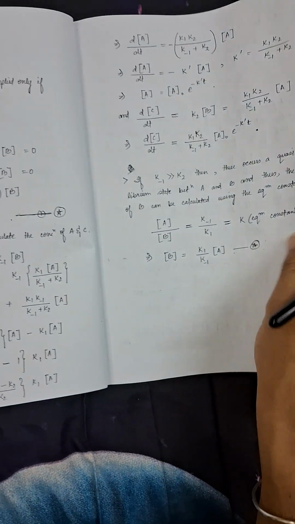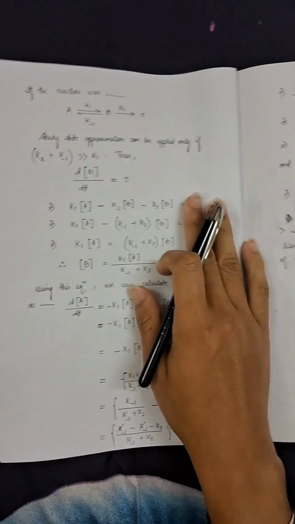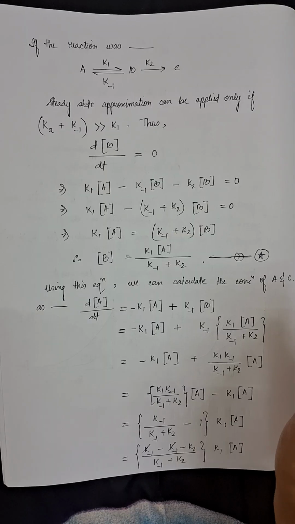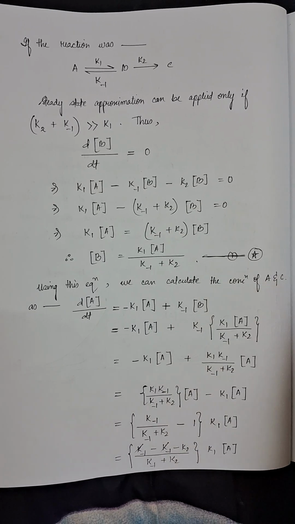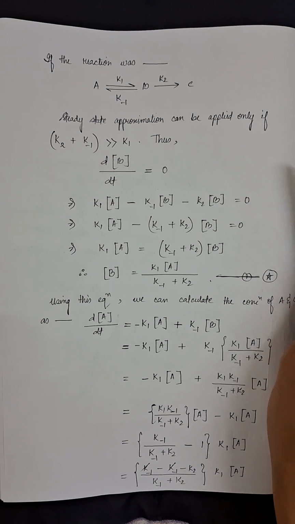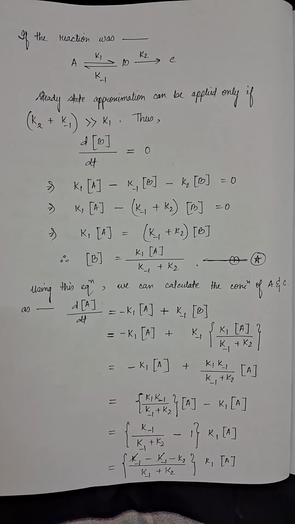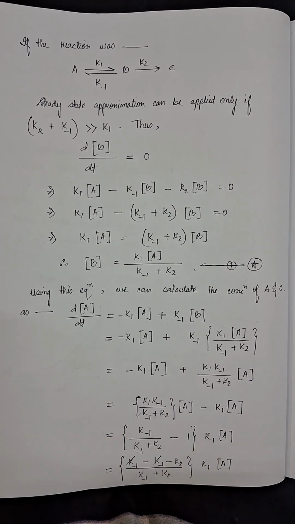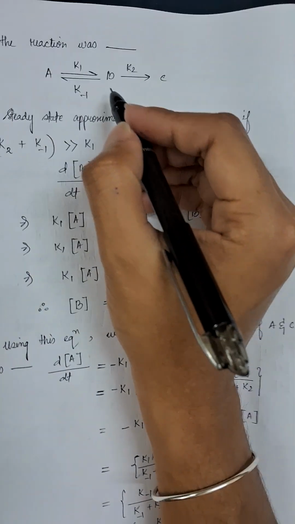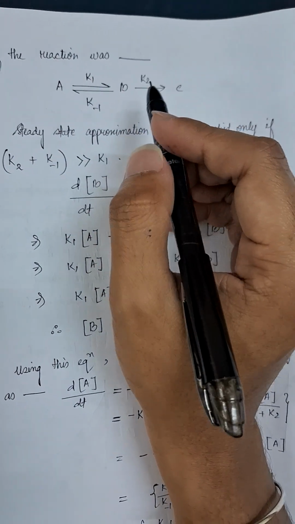Now the most important part in the consecutive reaction: the problem which you asked about, that doubt which you had, came from a consecutive reaction which is reversible in nature. If a reaction is of this type, this is the most important form in a consecutive reaction.